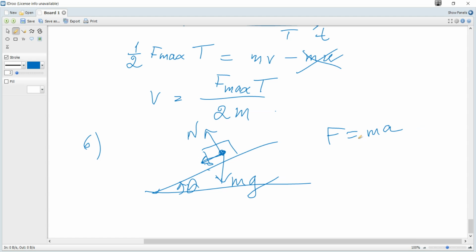It means it would go down. But if there is some frictional force which balances this component of mg along the ramp, hence it doesn't move.